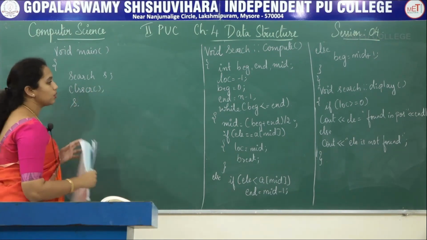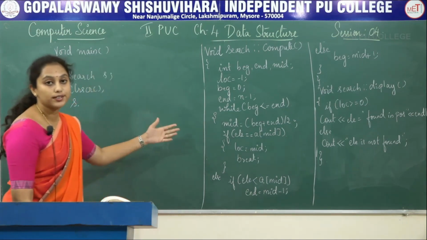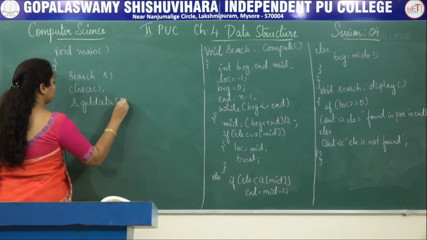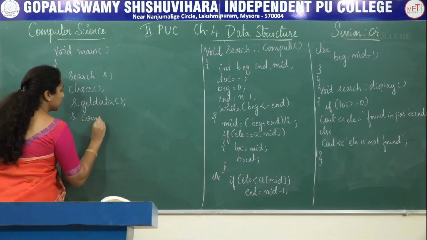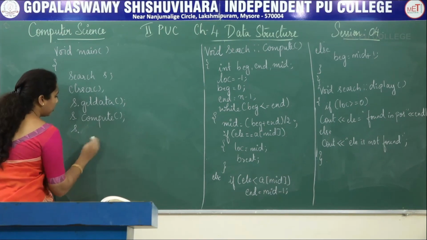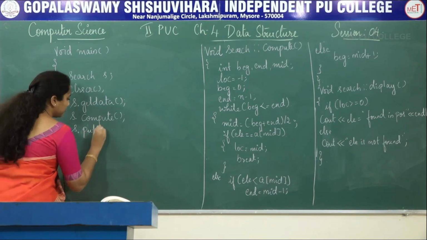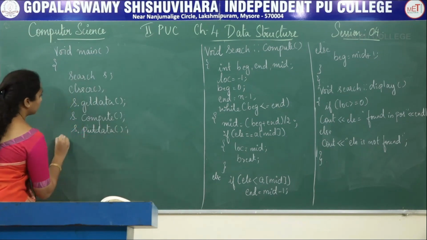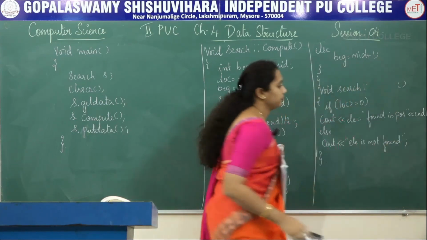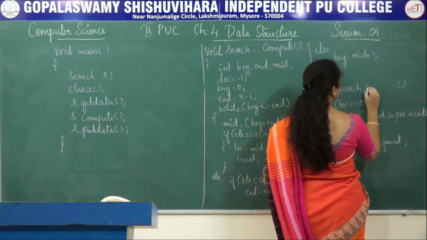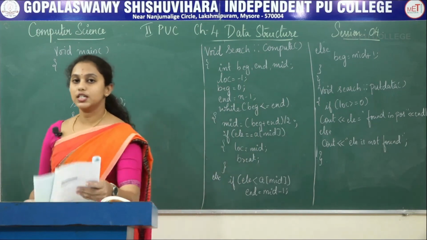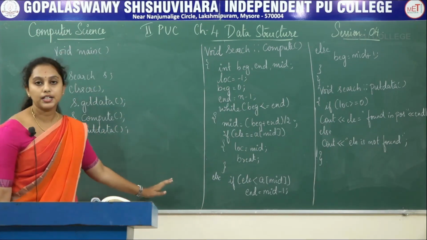Using the object we call the functions: s dot get data, s dot compute, s dot display or put data. So this is the program for binary search.